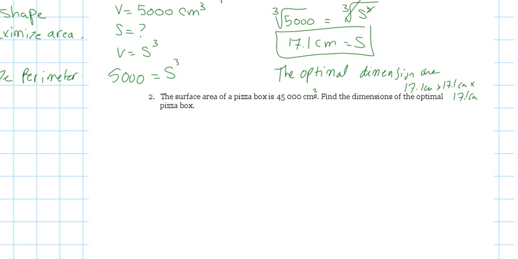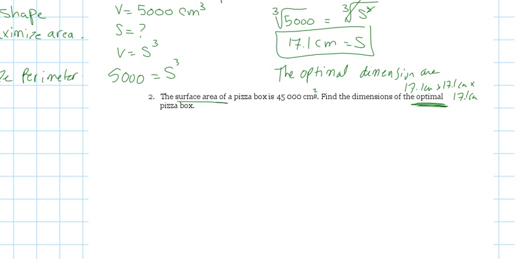All right, so the surface area of a pizza box, ignore that, is 45,000 centimeters squared. Find the dimension of the optimal pizza box. Your keywords are optimal, okay, and surface area. So what's given to me?